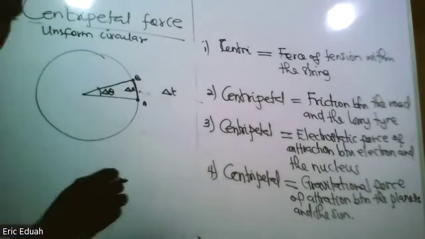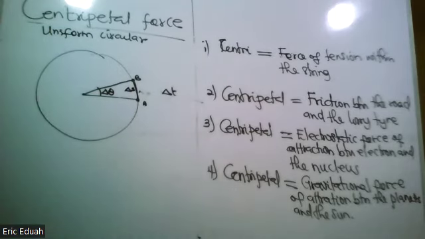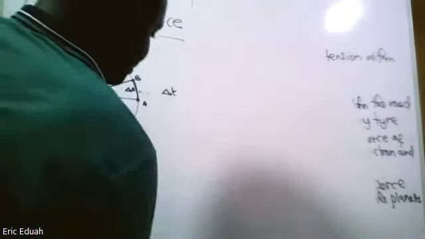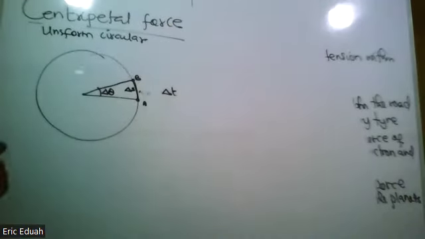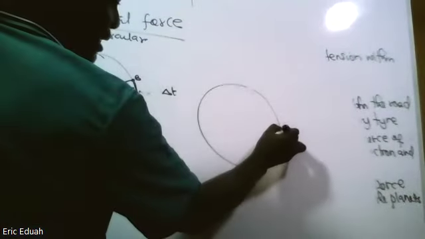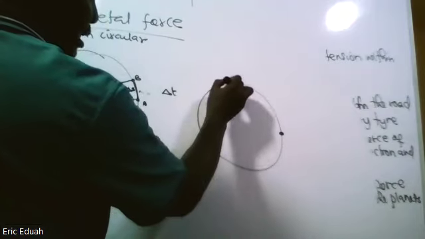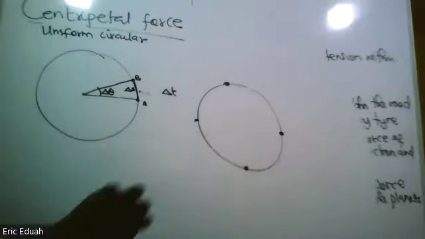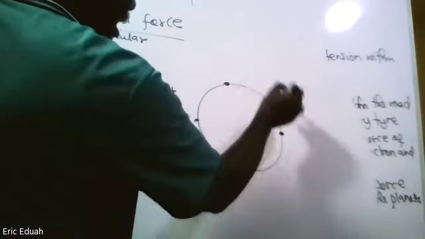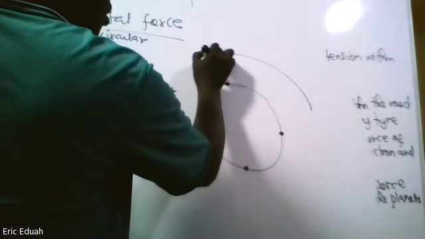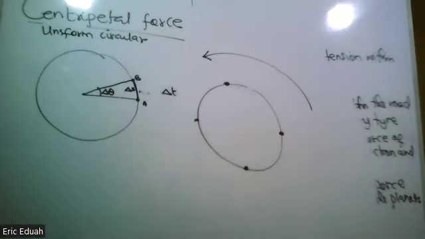Let me draw a different circle to explain the changing direction. When the body is here, it's here, and finally here. When it's here, this is the direction, and here we are looking at it moving anti-clockwise.